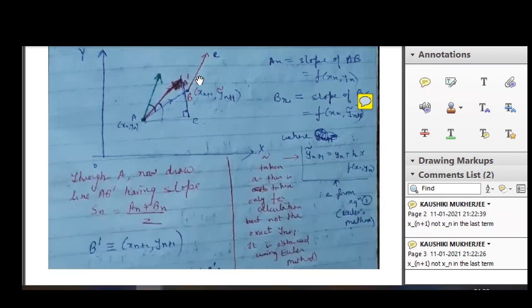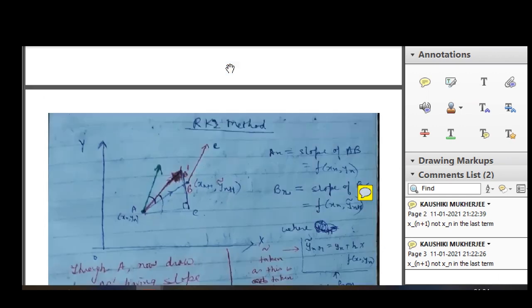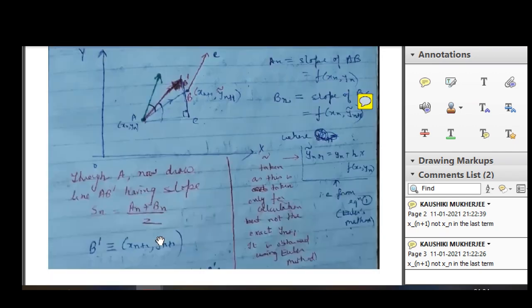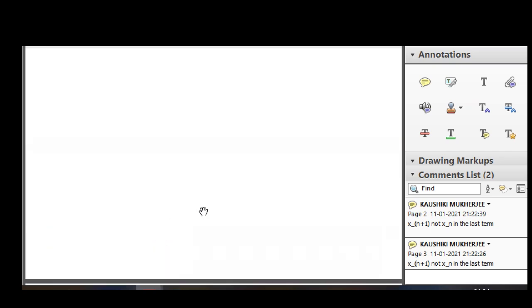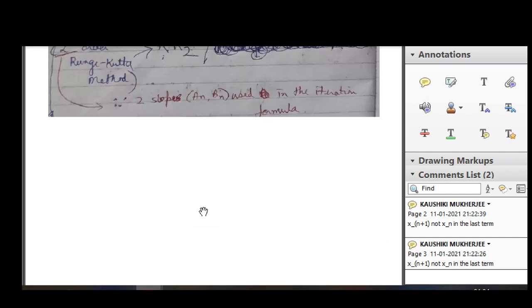That means you have to draw a slope here, another slope from here to there, and ultimately you have to draw that slope parallel to here, and take the linear combination of all those slopes according to the formula specified in the RK4. Okay. So this is it. Let us stop here. This ends the numerical methods for the solution of differential equations.